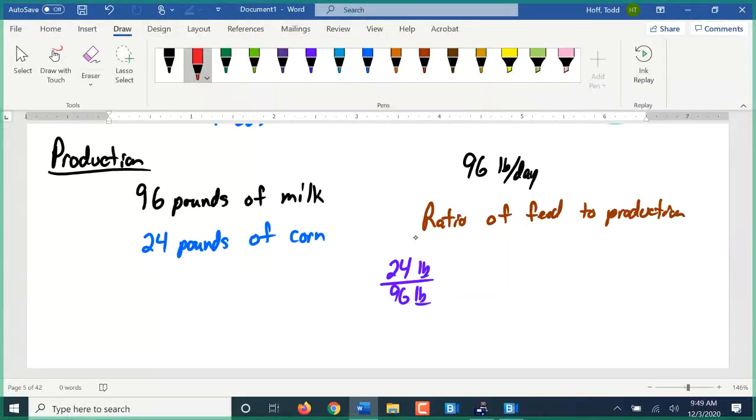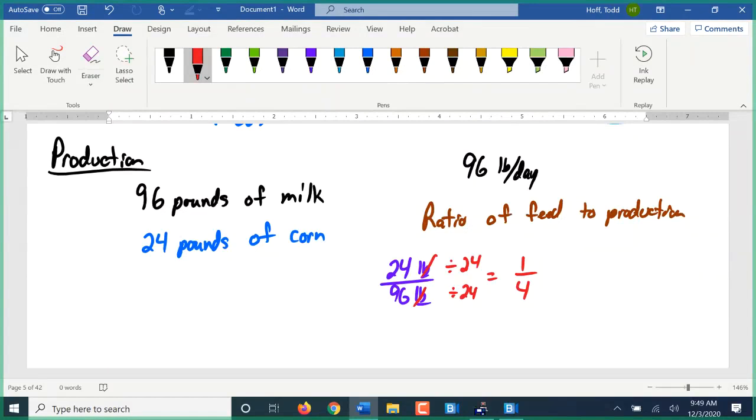The pounds cancel out. Both 24 and 96 can be divided by 24. 24 divided by 24 is 1. 96 divided by 24 is 4. So that's a 1 to 4. 1 pound of corn to every 4 pounds of production.